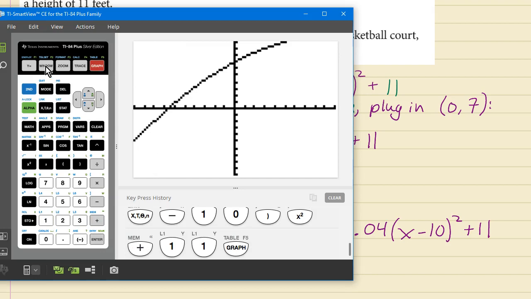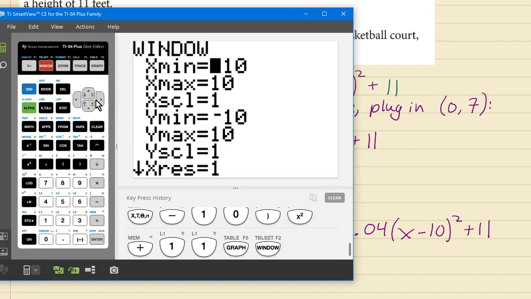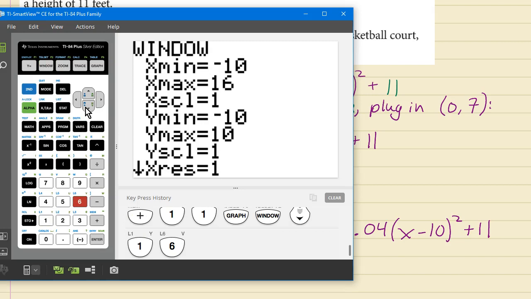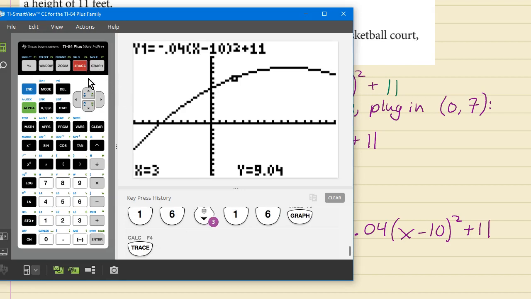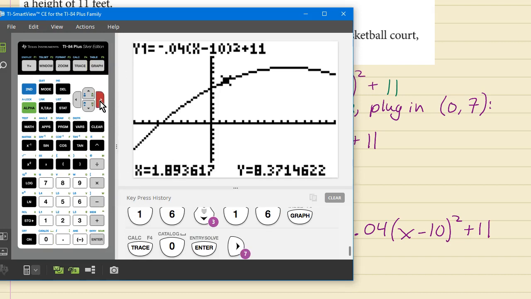We can change the window. Let's make the x max 16, and the y max maybe 16. We get a graph like that, and we can trace. Let's plug in x equals 0, and yeah, we get 7, so it has the right y-intercept. And then you can also trace over to the right to make sure that the vertex is in about the right place, which should be the point 10, 11, which looks pretty close right there.